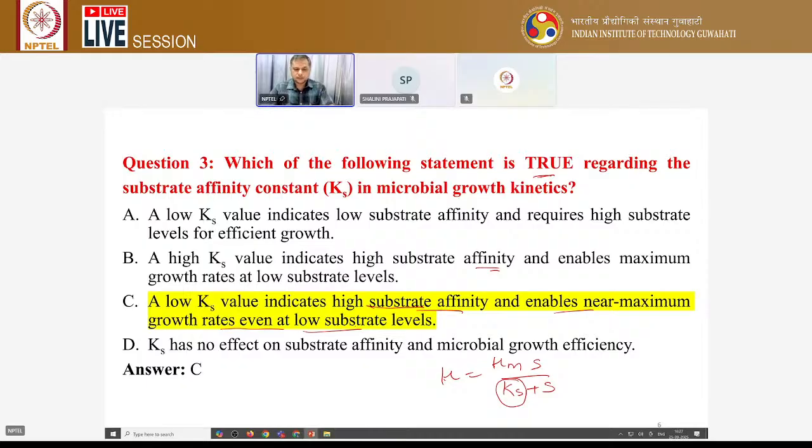So if the Ks value is low, it reflects high substrate affinity, and in fact this equation can be simplified as mu equals mu max. So it enables near maximum growth rate.